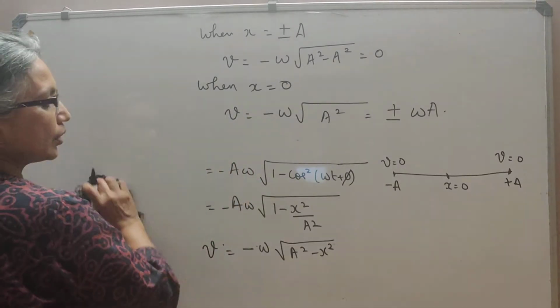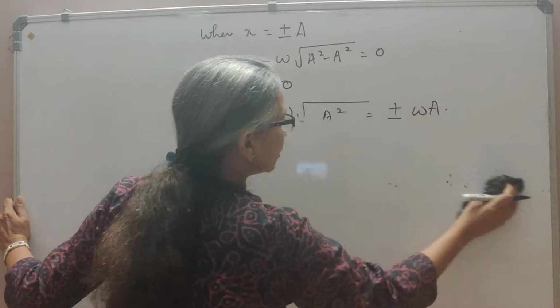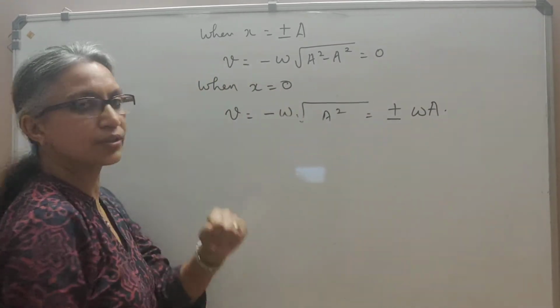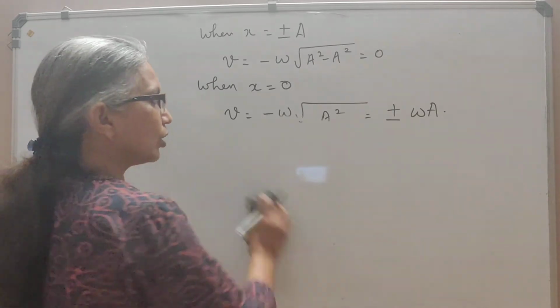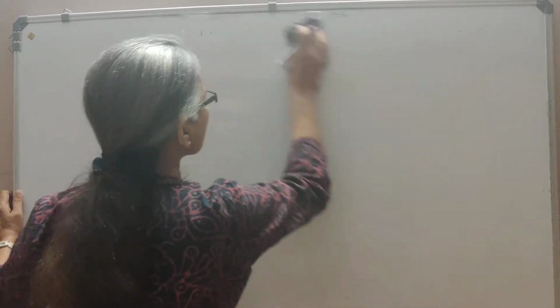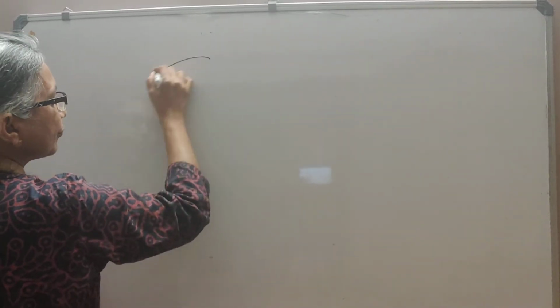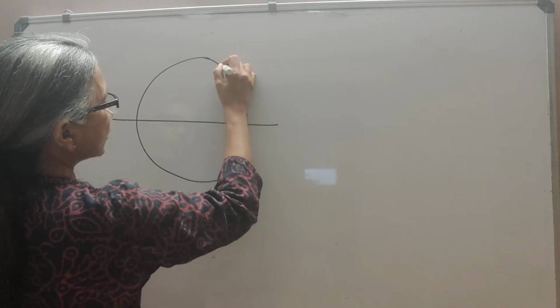You can also get an expression for this velocity. We got the expression for velocity by differentiating the function for x. You can also get it from the circular motion. We have our reference particle executing circular motion, let's say p here.